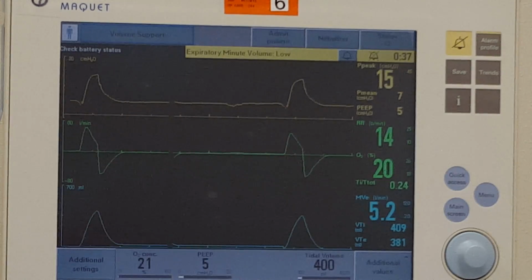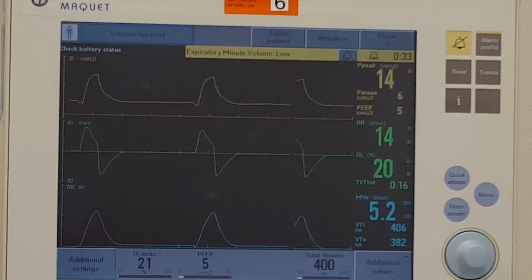Notice my peak pressure of 15, giving me my tidal volume of 400 mils.